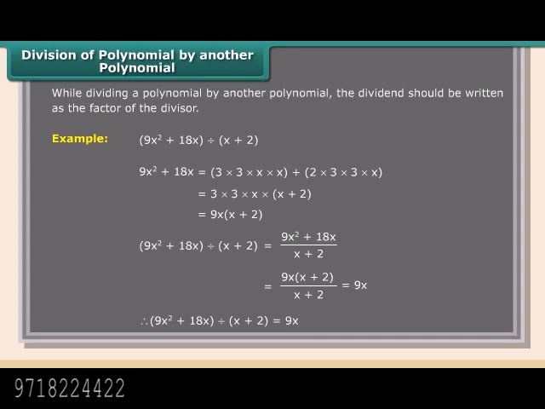Therefore, 9x squared plus 18x divided by x plus 2 is equal to 9x.